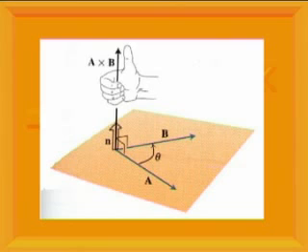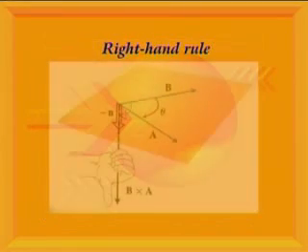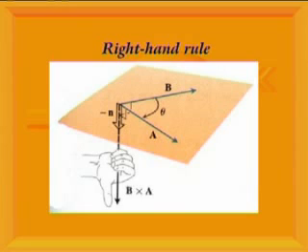But if we multiply the vector B by A, B cross A, B first then A, we will be going in the clockwise direction, and in that way the direction will be opposite.